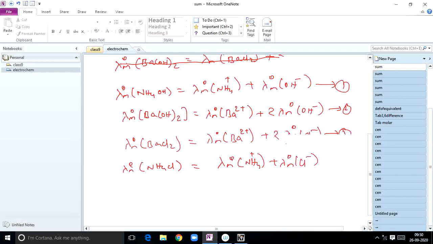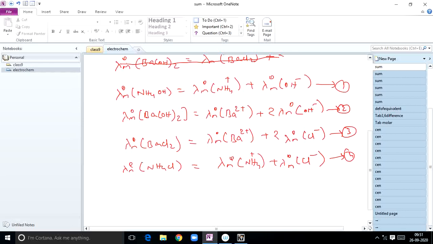So here, check. Lambda m naught of Ba2 plus plus 2 into lambda m naught of OH minus, this is second equation. And next 2 into lambda m naught of Cl minus, this is third equation. And here lambda m naught of Cl minus, this is fourth equation. So 1, 2, 3, 4 equations you write. From this you have to bring out the relation.